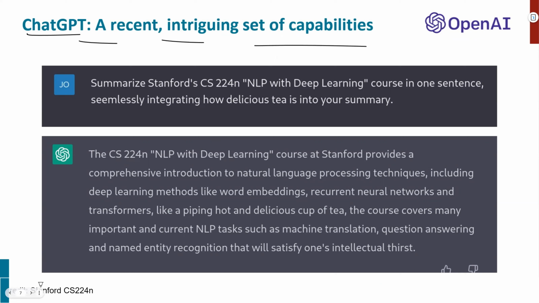And this slide is from Stanford CS224N. When you ask, hey, summarize Stanford CS224N NLP with deep learning, ChatGPT already knows about this course and can summarize what this course is about. It's pretty amazing.